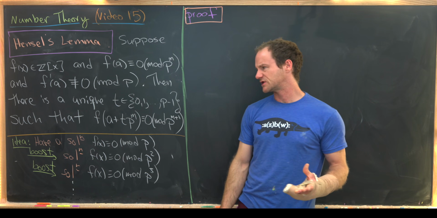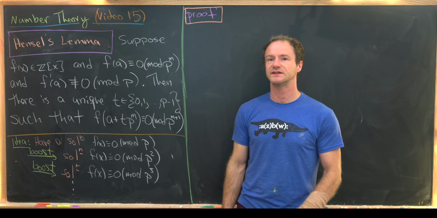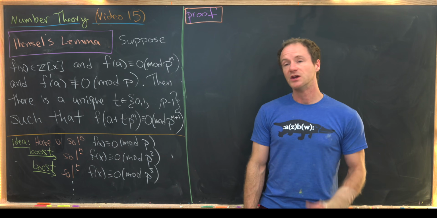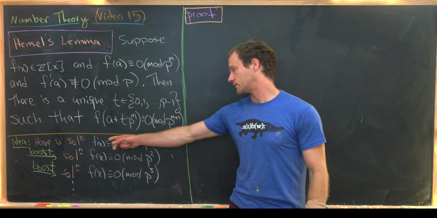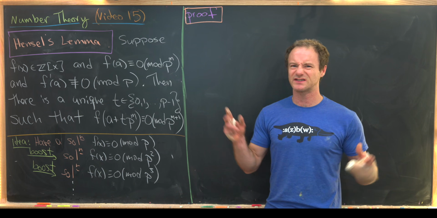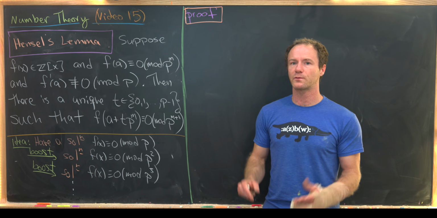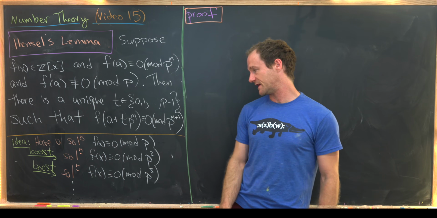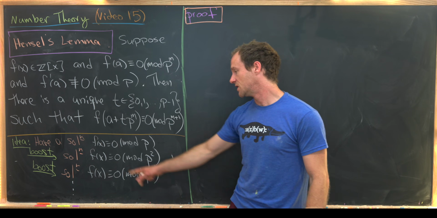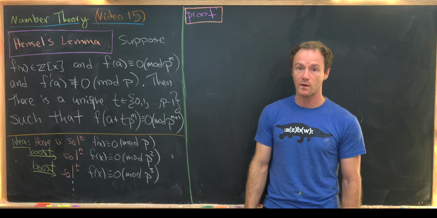Let's say you want to solve some congruence like f of x is congruent to 0 mod p cubed or p to the 4th or p to the 5th. You start by solving the congruence f of x is congruent to 0 mod p. And you do that just by hand. And then Hensel's Lemma, or really more appropriately, the technique of the proof of Hensel's Lemma, gives us a way to boost that solution to a solution of the congruence f of x congruent to 0 mod p squared.